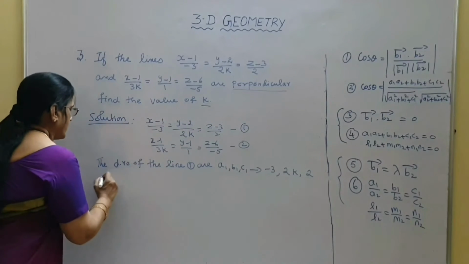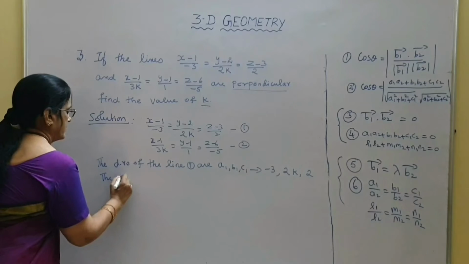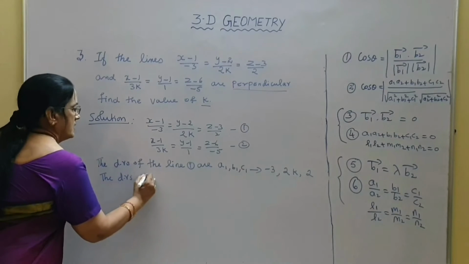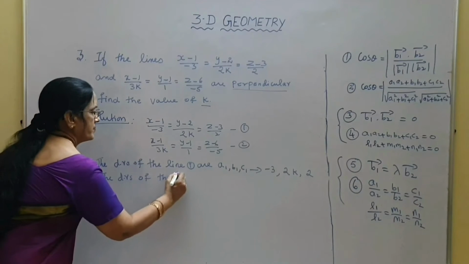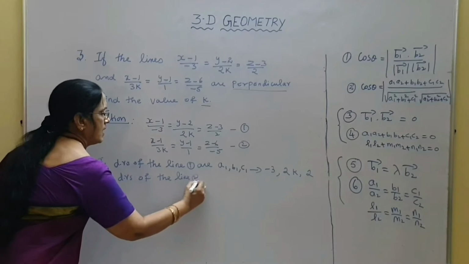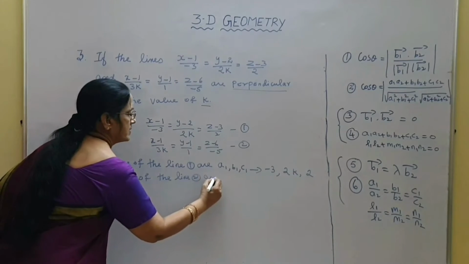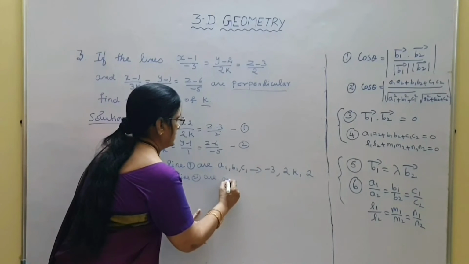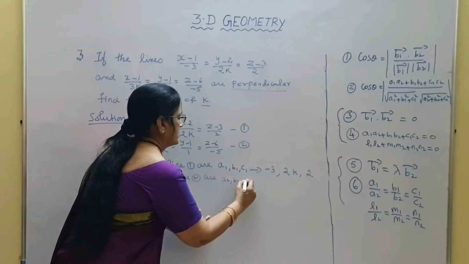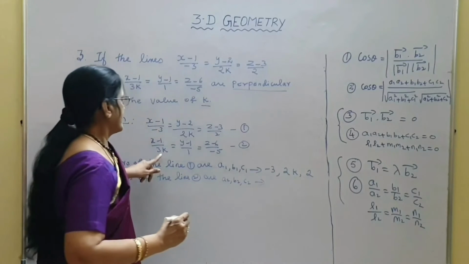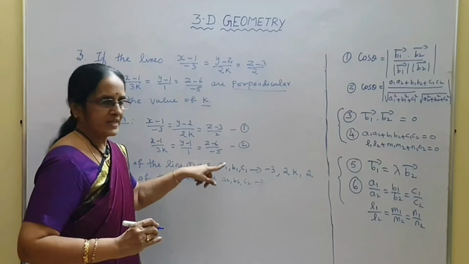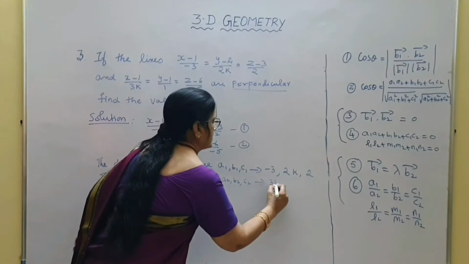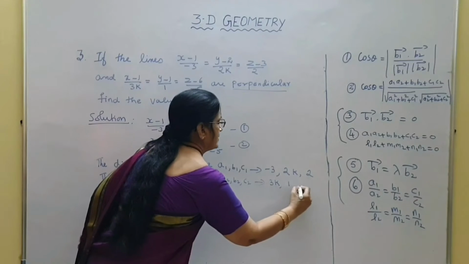Then the DRs of the line 2 are, we take it as A2, B2, C2, nothing but 3k, 1, −5.